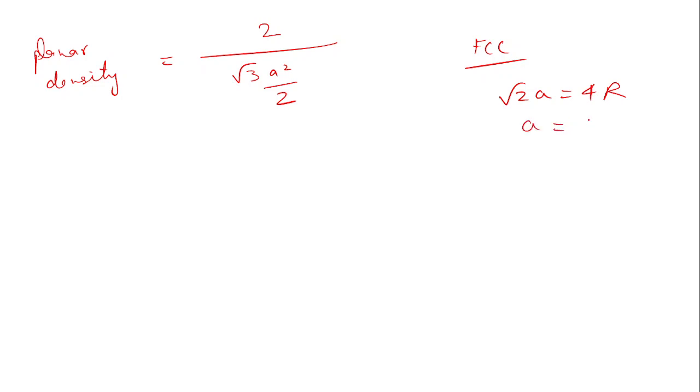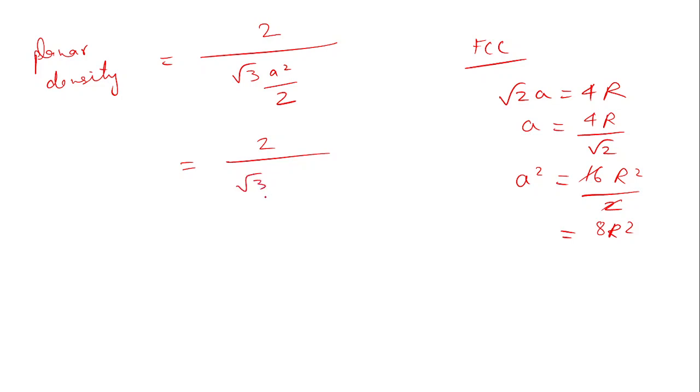So a is equal to 4r by root 2. We have to substitute a square, which means a square will be 16r square by 2, which will be 8r square. So a square is 8r square. When I substitute it here, root 3 by 2, a square is 8r square, over 4.